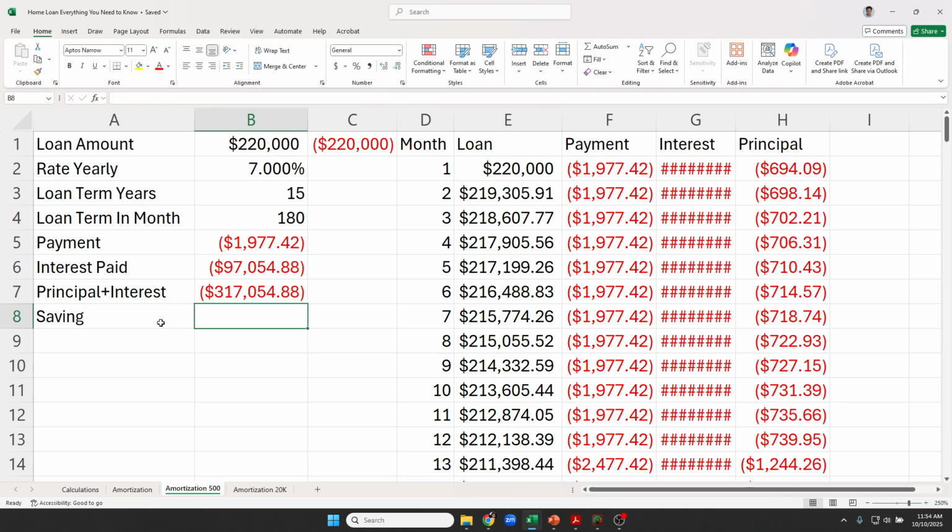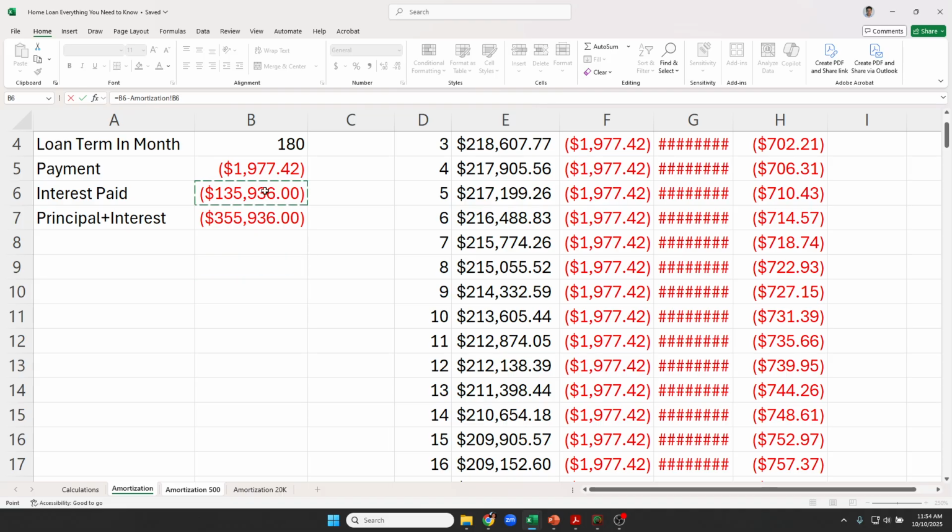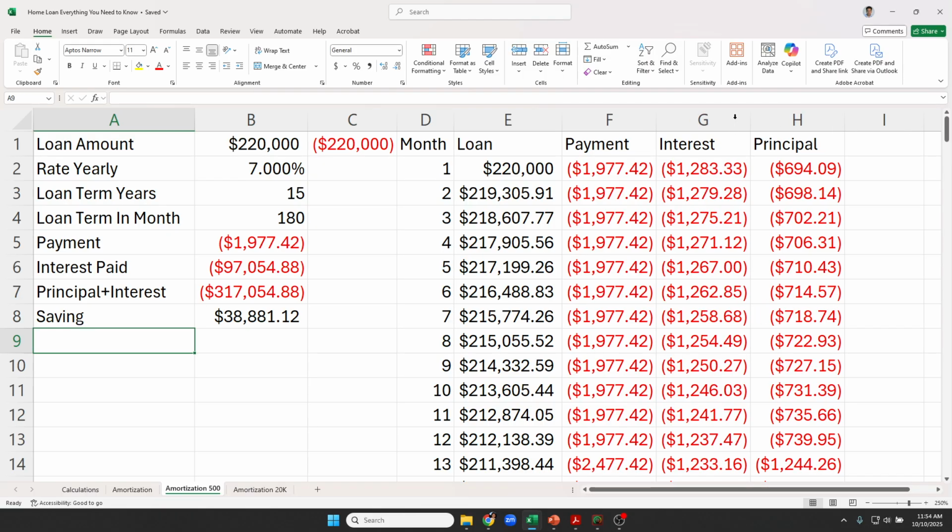Let's say you're taking a mortgage right now. So the total saving would be the interest paid on the original loan minus the interest paid if you pay additional. As you can see, $38,000, almost $39,000 of saving, if you pay $500 extra per month.